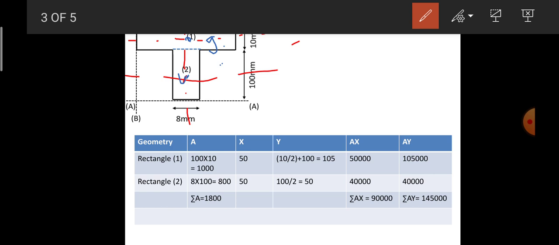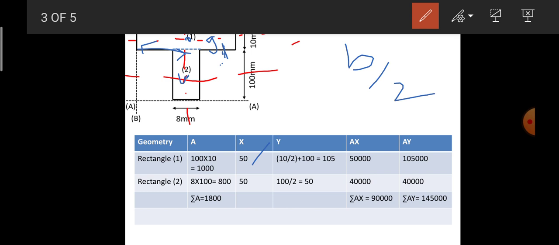This is the reference axis. BB is the reference axis for the calculation of x here. From BB to small g1, what is the distance? It is nothing but b by 2, or width by 2.